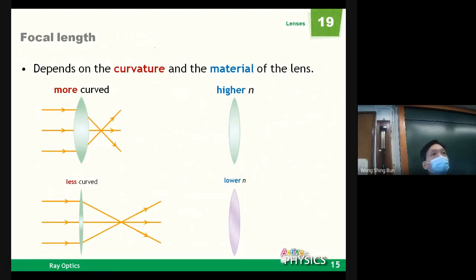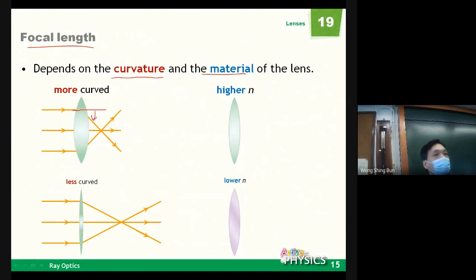Now, next one, focal length. We want to try to find out the relationship between curvature, material, and focal length. Look at this. If the lens is more curved, it means that the deviation angle will be greater. Originally, it should be this direction.